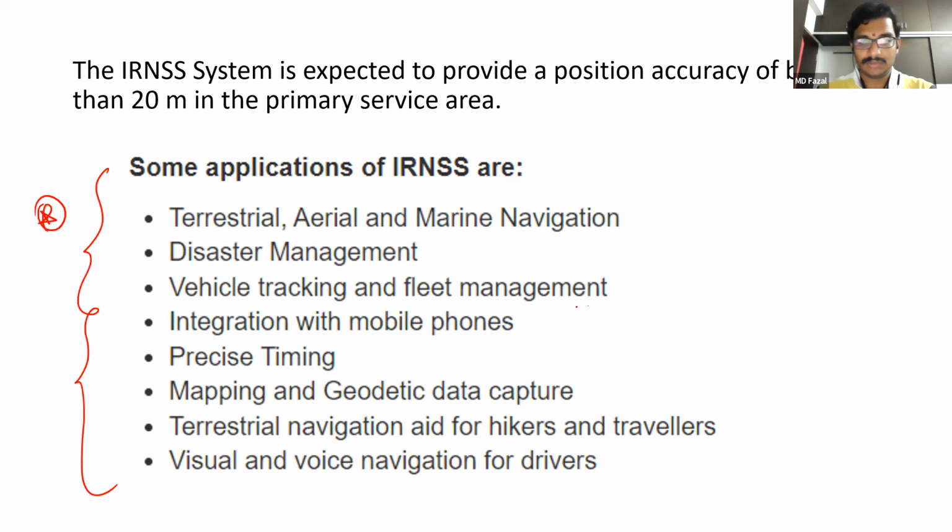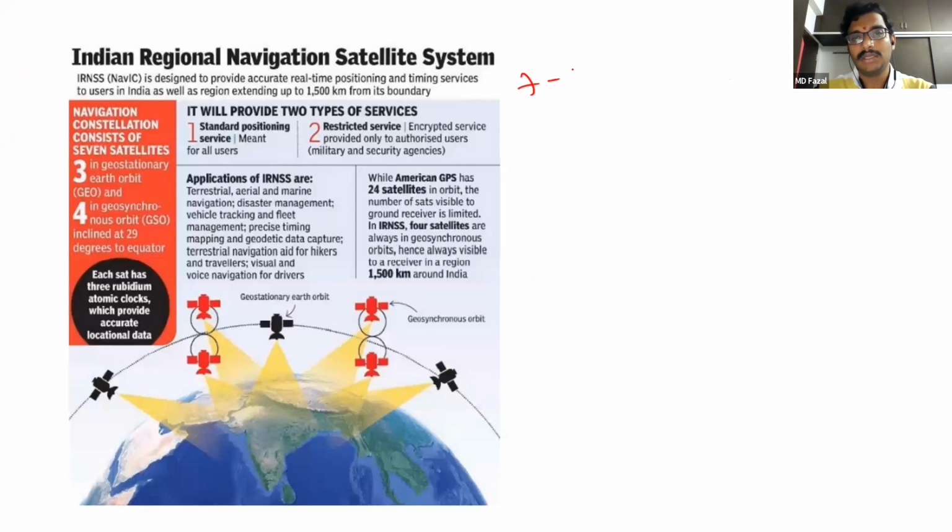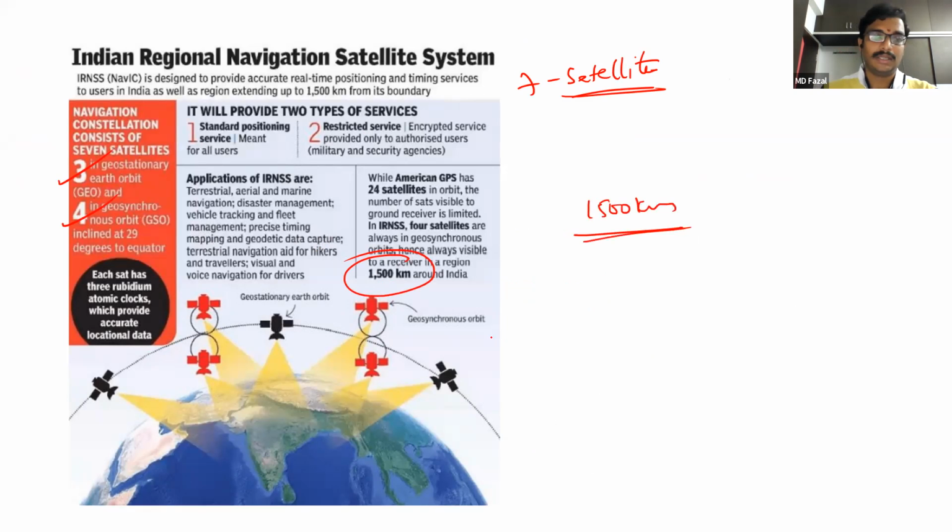Any 2 or 3 things will be asked, and multiple questions can be asked. The accuracy of our IRNSS is 20 meters. We saw how our 7 satellites are located: 3 in geostationary orbit and 4 in geosynchronous orbit. The area covered is 1500 kilometers around the Indian boundary.